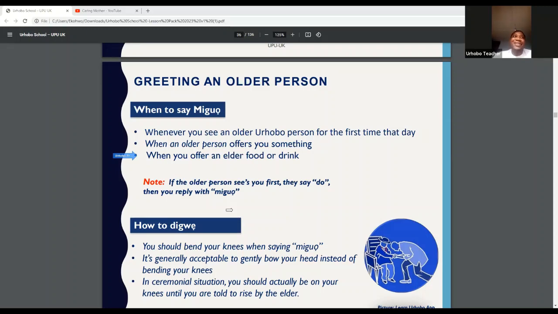An elderly person asking you to give him water or food is a privilege, so you are grateful that your father asked you to bring water and he also accepted it. So you are gracious that he accepted the water from you. We still do it up to date. If my child gives me water, he's expected to say Mingwo. It's just a cultural thing.